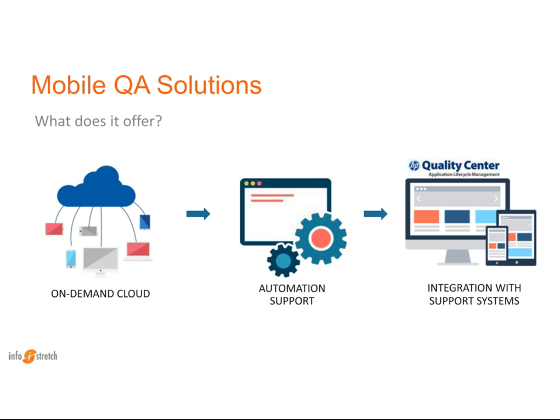Perfecto supports Selenium automation, and they are coming out with Appium support, whereas Sauce supports Appium and Selenium. This gives me the flexibility of writing my automation framework for only one platform, and that can be ported to multiple platforms, iOS as well as Android. And to achieve CI, automation is a very important aspect.